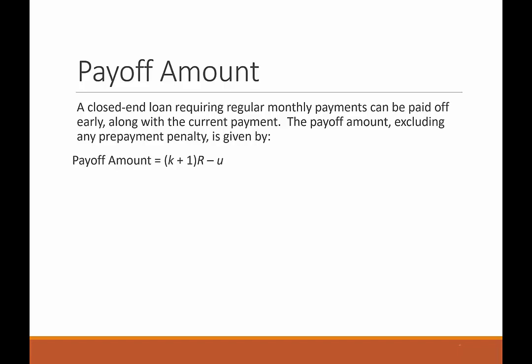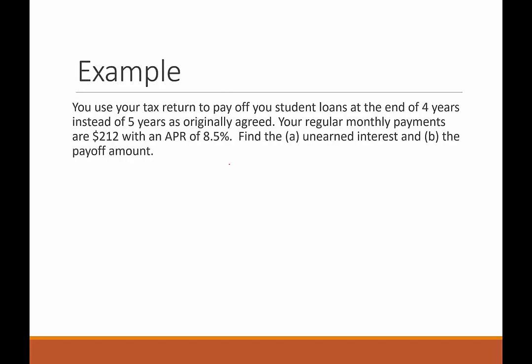The payoff amount excluding any prepayment penalty is given by k plus 1, where k was the number of payments remaining and this is the current payment, which is why there's that plus 1, times the regular monthly payment you agreed to pay, minus that unearned interest. So you don't have to pay interest because you're not borrowing that money for that additional year. This is called the payoff amount. We look at how much you're going to pay in that one big payment, and then subtract off the unearned interest.